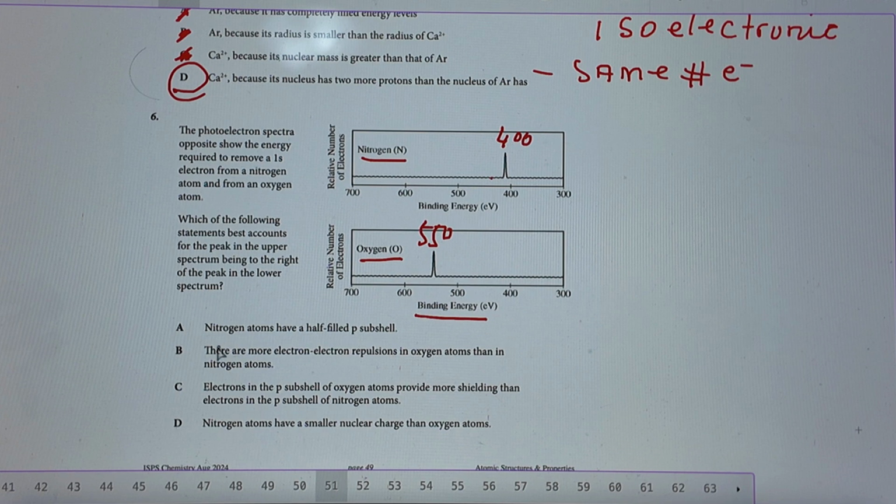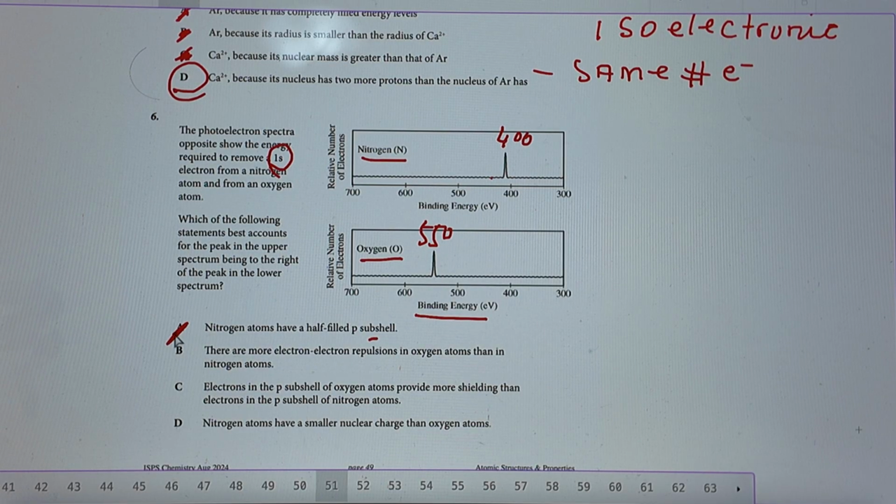Now, let's say nitrogen atoms have a half-filled p subshell. And even if it did, that doesn't factor into removing the 1s electron. So I would take this out. They don't even show the peaks for the p subshell. Then it says there is more electron-electron repulsion in oxygen atoms.